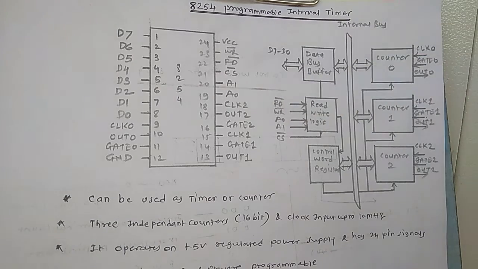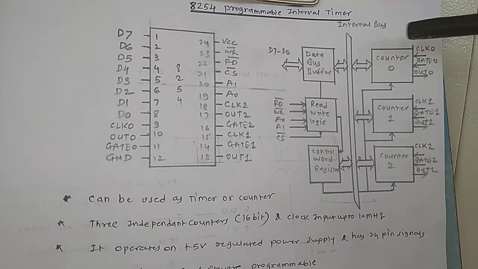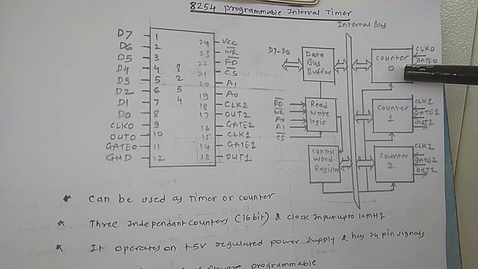We already have gone through this pin diagram. This is the block diagram of your 8254 programmable interval timer. 6 simple blocks are there along with this internal bus. As we discussed in the pin diagram, this 8254 programmable interval timer is having 3 counters: counter 0, counter 1 and counter 2, and each counter is having 3 signals.